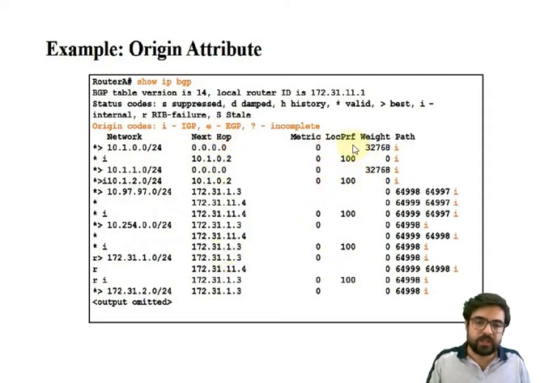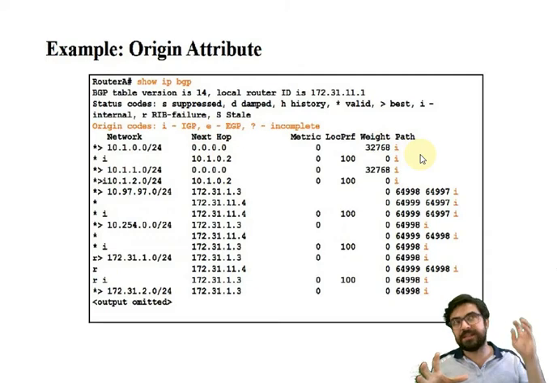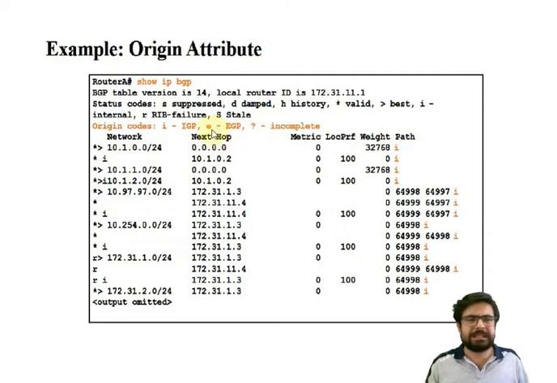The metric, and look, this is the I. This I means IGP, it means it is based on the network command. In some older routing setups it was used that way, but now we just see this I and this question mark.